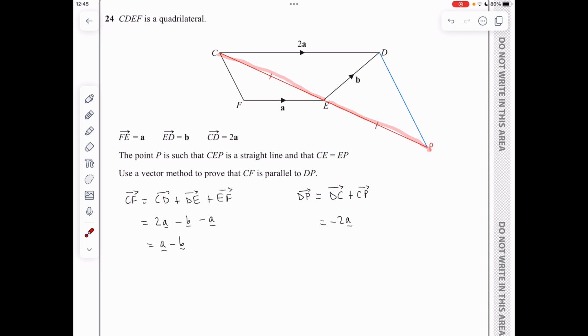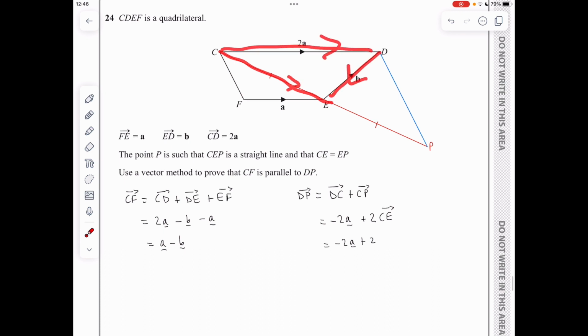So to go from C to P, it's the same as going 2 times from C to E. So it's going to be plus 2 times CE. So it's going to be minus 2A plus 2 times, well, to go from C to E, I can go from C to D and then from D to E. So that's going to be CD plus DE.